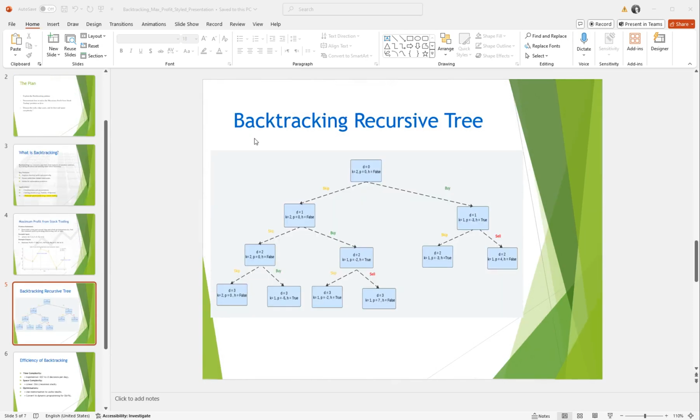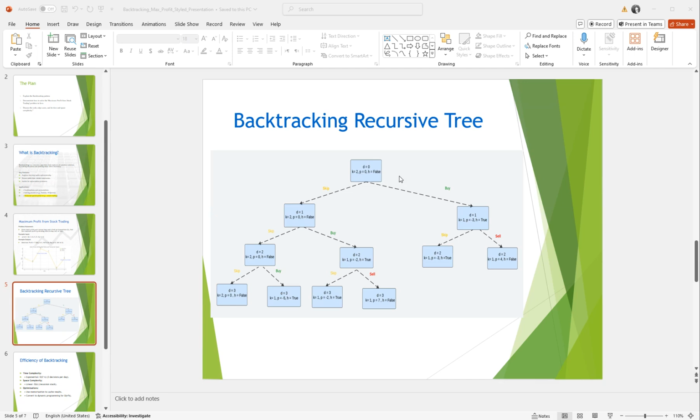Here we have the backtracking recursive tree. In this tree, we can see the nodes represent the state of each day. And in each day, we have the number of transactions and the profit, and if we can hold or unhold the position.